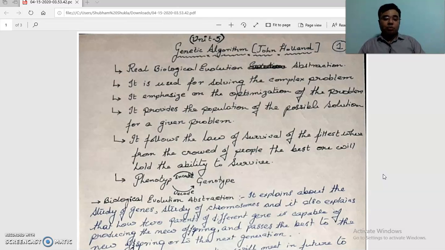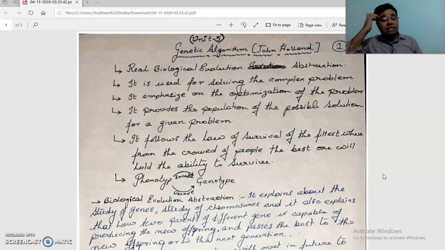Now, when the child produces the next generation, ultimately it will consist of a few more special features, and that is why the genetic algorithm mainly focuses on an optimization technique. So this is the important criterion: whenever the child produces the next generation, remember, how has the child been produced?